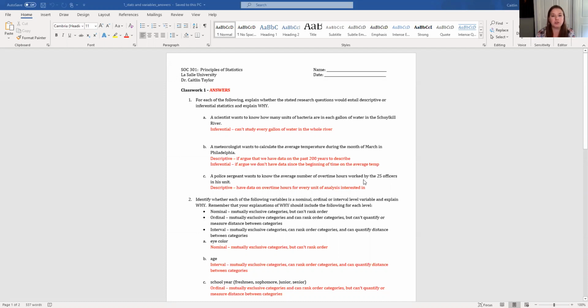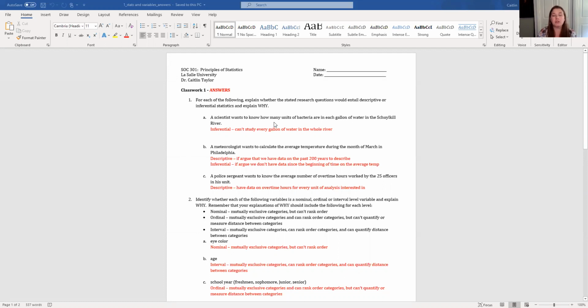So the first part of the classwork assignment is asking you to identify whether or not the given problem would require inferential statistics or descriptive statistics. So this first one says a scientist wants to know how much bacteria is in each gallon of water in the Schuylkill River.